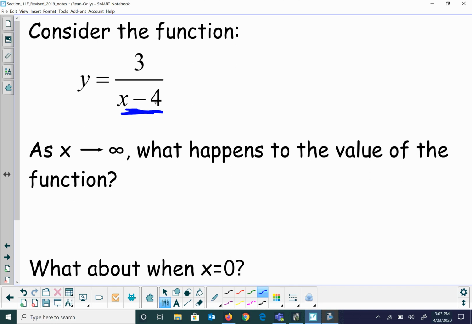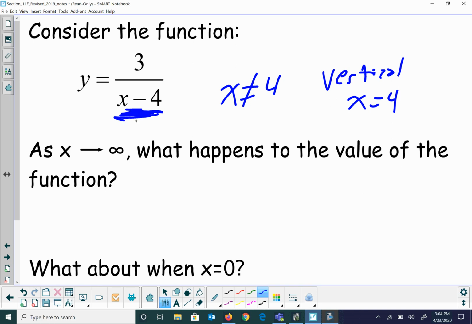This part's going to interfere, so we have to realize that x can't equal 4 because that gives us our undefined term. So this would actually have a vertical asymptote. In this case, at x equals 4 would be the vertical asymptote.